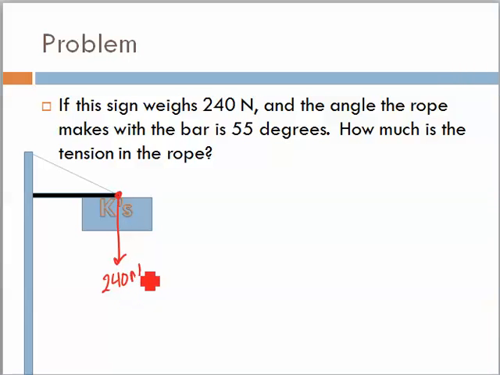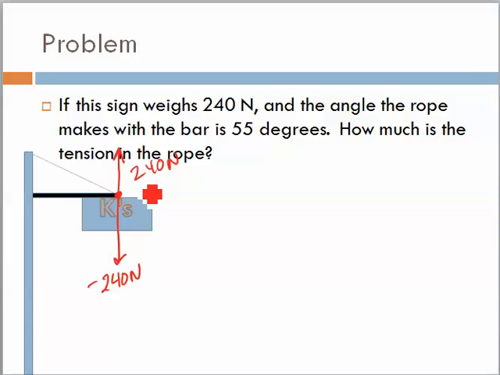We know that the sign is in equilibrium, so there must be a resultant force that's pulling up of 240 newtons. I'm going to call this negative because it's going down. For this to be in equilibrium, for it not to be moving, they have to be equal and opposite. Well, I now know my y vector.